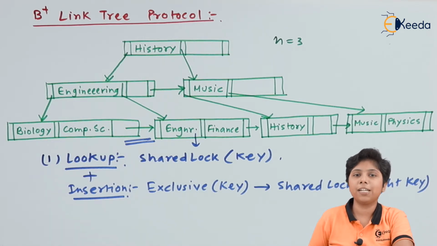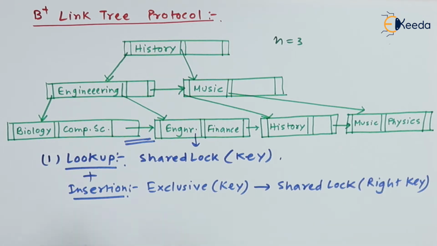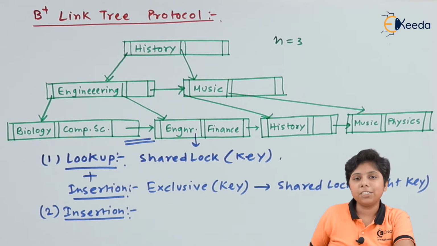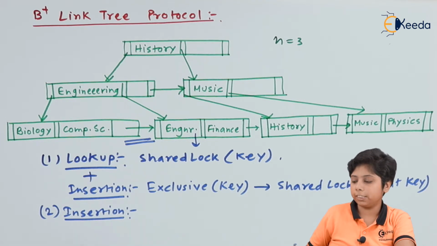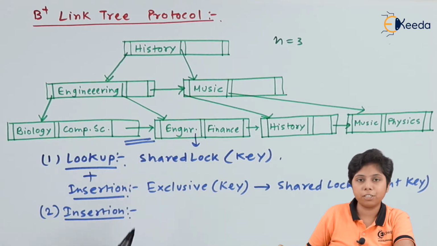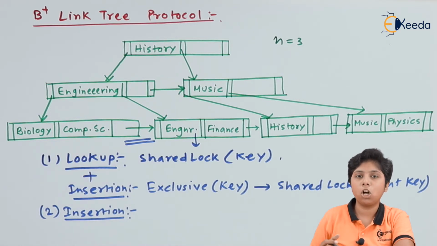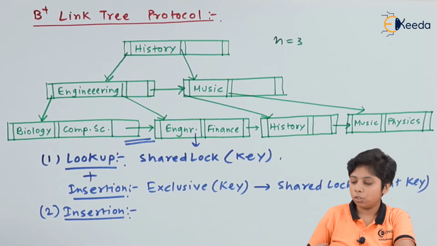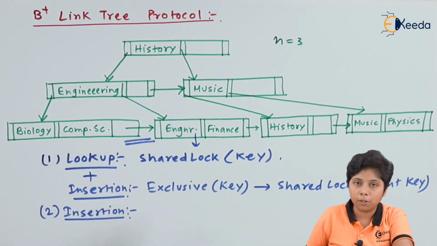Now the second one is insertion. For insertion and deletion both, it gets the shared lock on that first key node and then upgrades this shared lock to the exclusive lock when it finds that node. So first it needs to perform the lookup on that node.